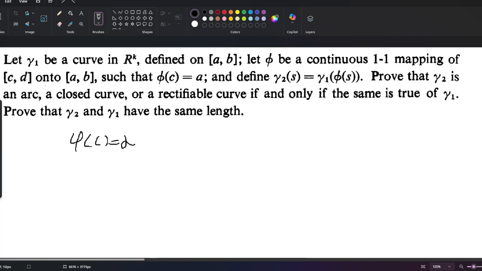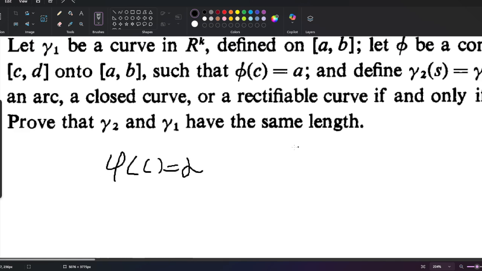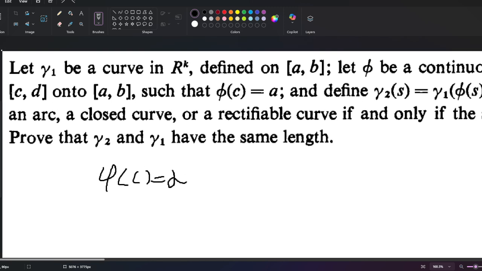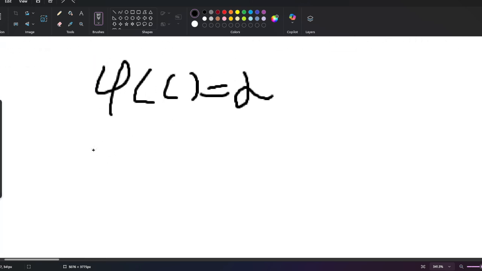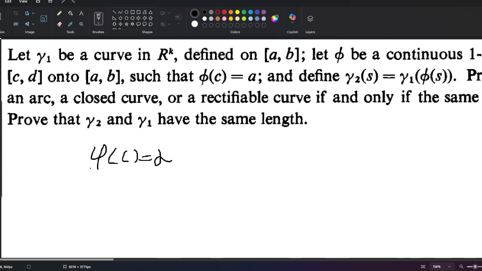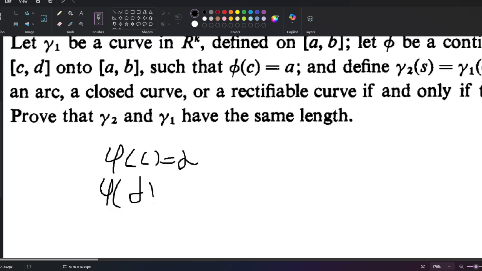So it's injective and it's surjective. And that's important to note because that implies that phi is monotonic, strictly monotonic in fact. And since phi of C is equal to A, then the following values can only be greater than A. So phi is monotonically and strictly rising. Therefore, phi of D is supposed to be equal to B.